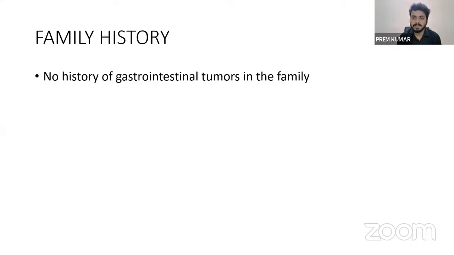In gastric ulcers, the patient will experience pain immediately after taking food. In duodenal ulcers, the patient will experience pain after some time, 10 to 15 to 20 minutes after taking food.